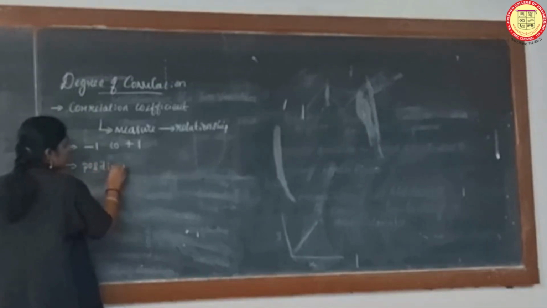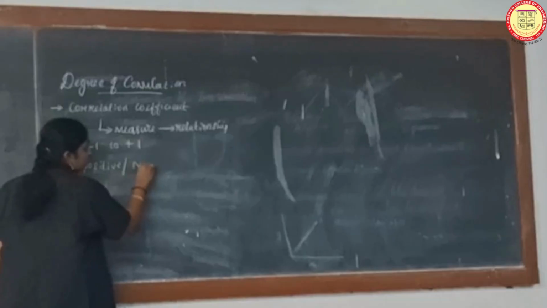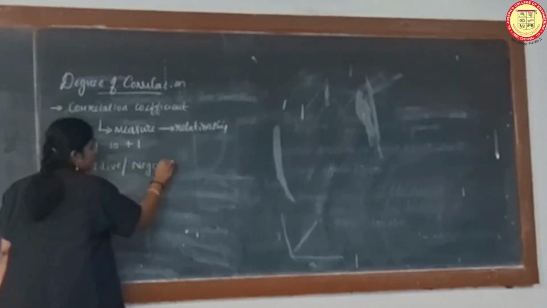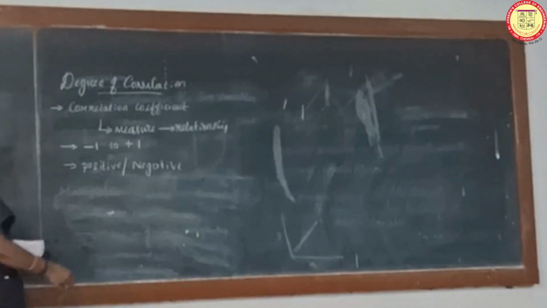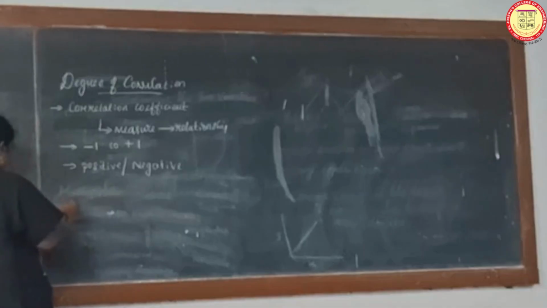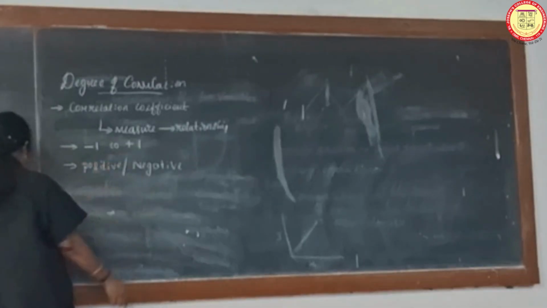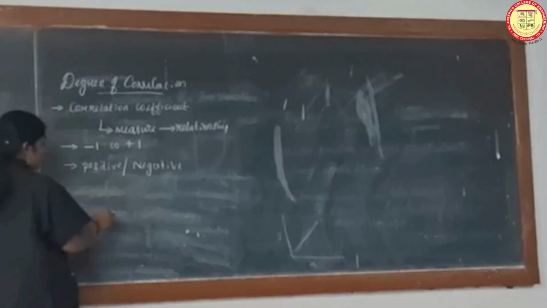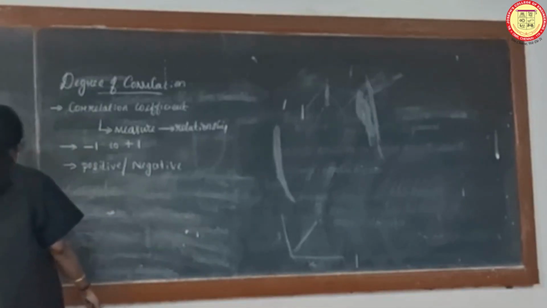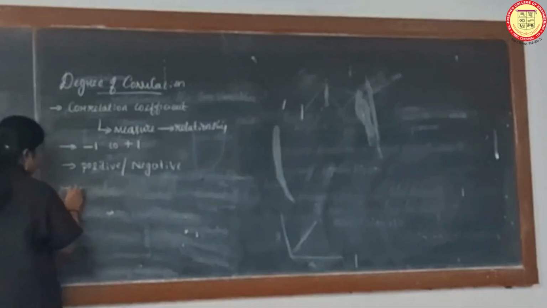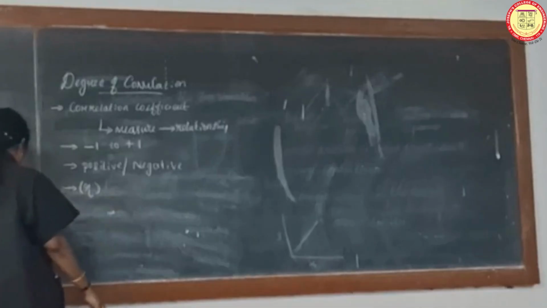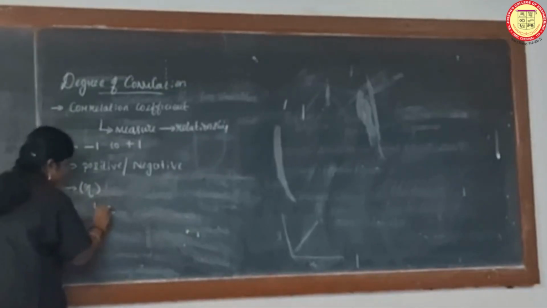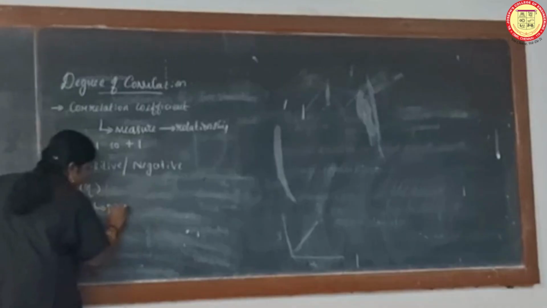If it is minus, that represents a negative correlation, and a plus value represents a positive correlation. It is a number between -1 and +1 that describes the relationship between the pair of variables. The correlation coefficient is represented as r, small r. It describes the linear relationship between the pair of variables.